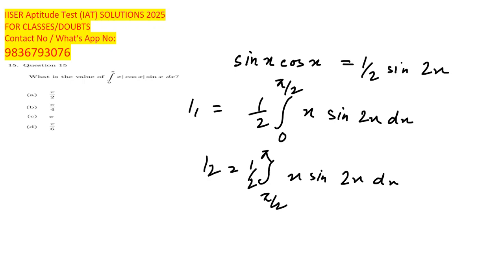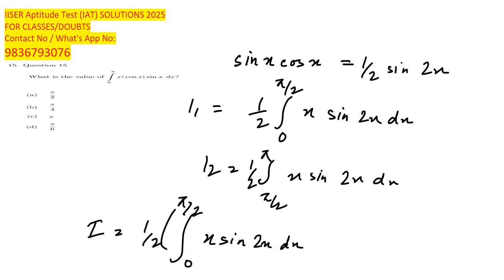Okay, so now I is equal to half of integral 0 to pi by 2 x sin 2x dx minus integral pi by 2 to pi x sin 2x dx. Okay, so we will combine it into a single definite integral.